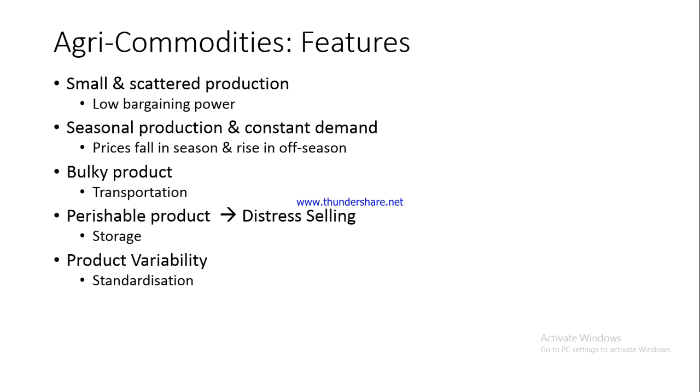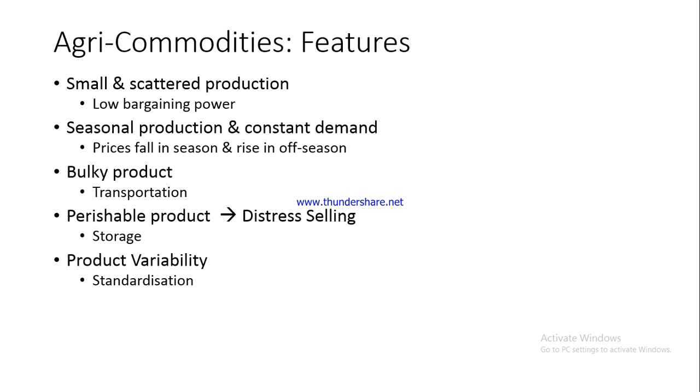One is dark red, the other one is light red, the third one is light green, the fourth one is dark green. And then we have said that the dark red is of the best quality, so it is going to command the highest price in the market, which means basically we have set standards. And then what we'll do is the grading. What happens in the grading? Now we'll pick up apples and then see what is the color of the skin, and if it is dark green, we have said that it would be grade 4.